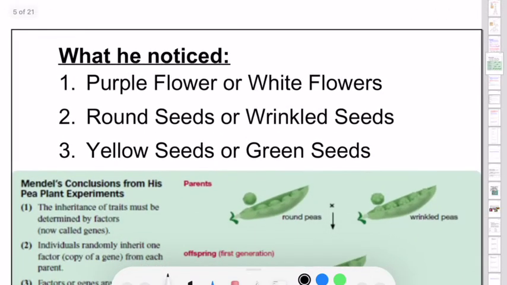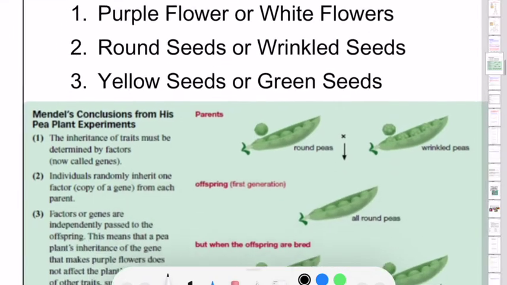What Mendel noticed when he did some of his research is that purple flowers or white flowers were what was created on the pea plants. There were also round seeds or wrinkled seeds, and there were yellow seeds or green seeds. So there were 3 different traits here.